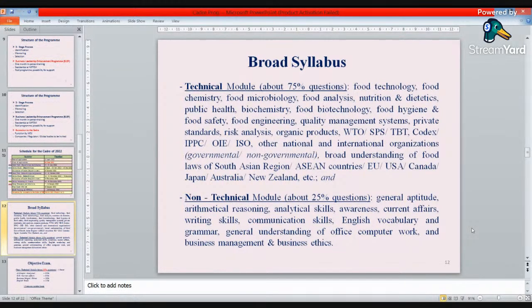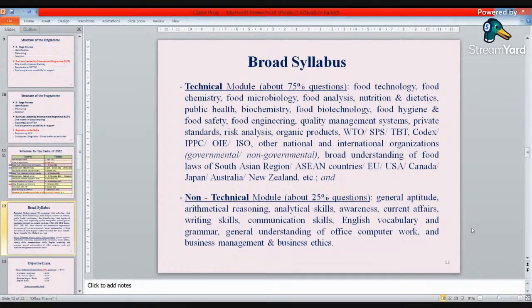And there are several books and portals available from where you can see these things. English vocabulary, synonyms, antonyms, general understanding of computer. What is Microsoft? What is Word? What is Excel sheet? These are small things. Business management and business ethics.